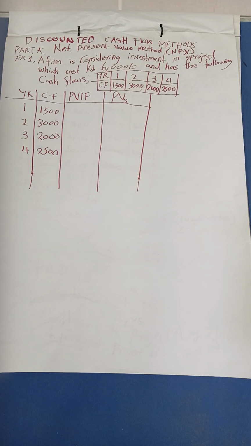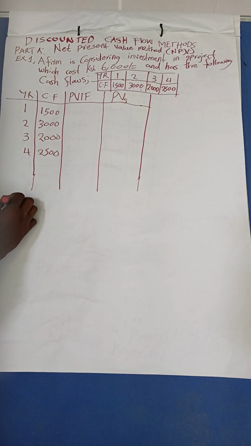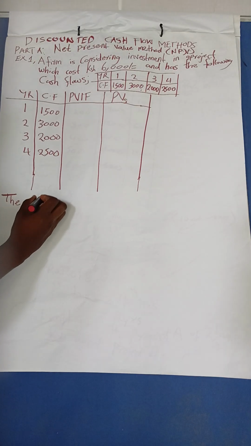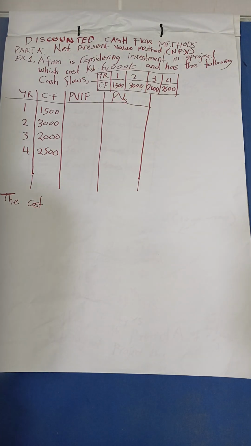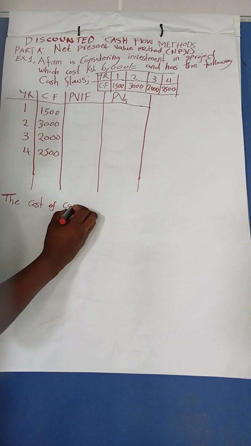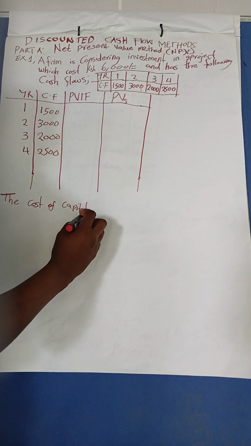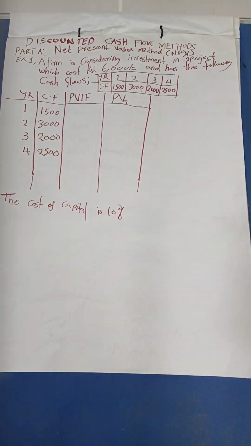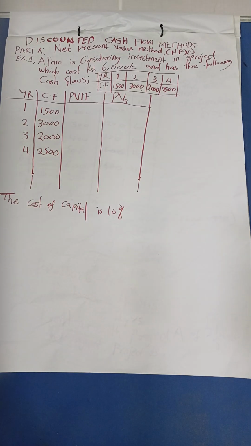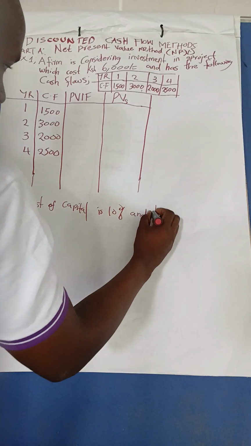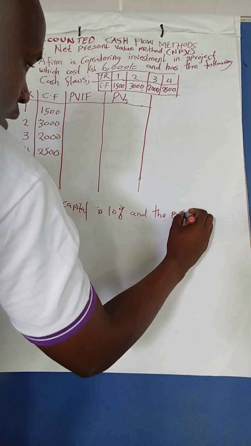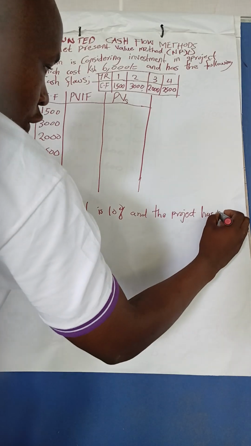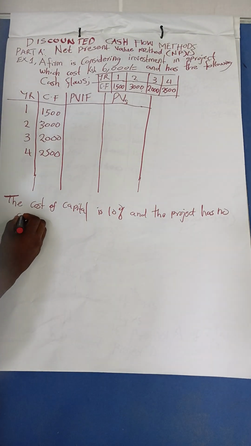Before we get to explain the table, you are being told the continuation of the question: the cost of capital is 10%, and the project has no salvage value.